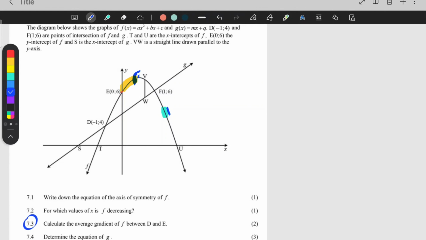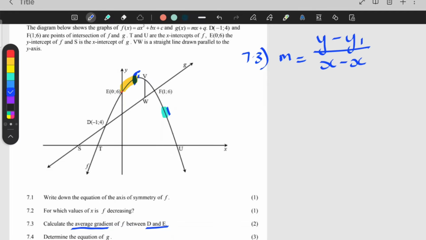Okay, 7.3 says, calculate the average gradient of f between d and e. So average gradient is just gradient, the y minus the other y over x minus the other x between d and e. So let's look for d and e. D is this point and e is that point. So okay, I'm going to start with d.